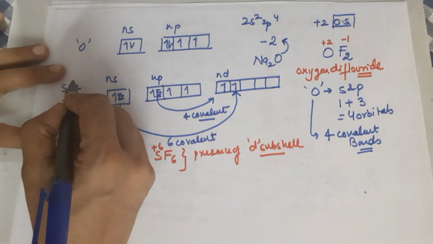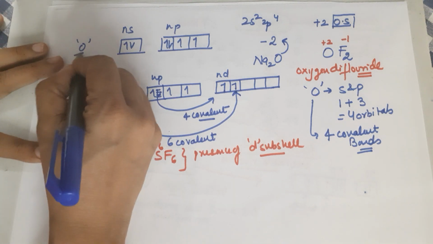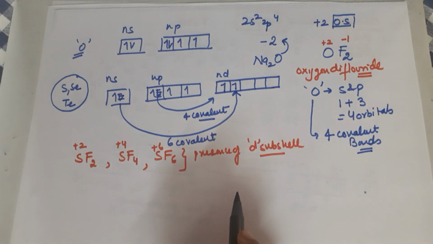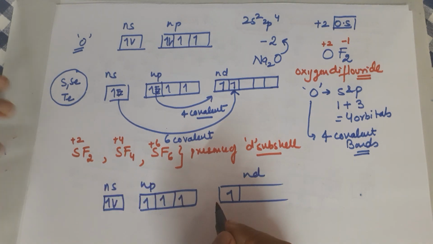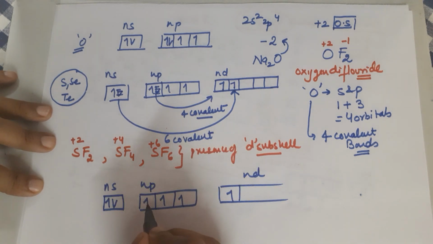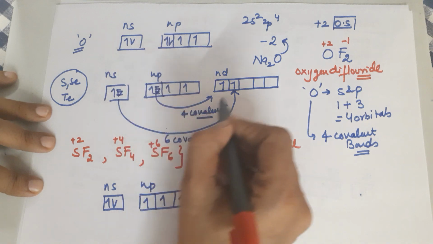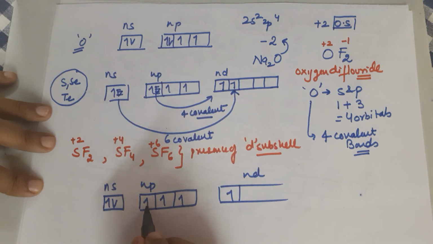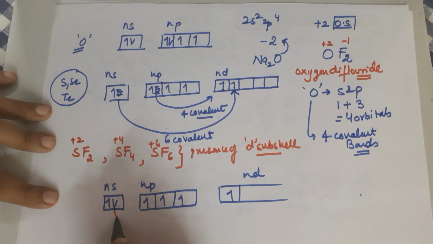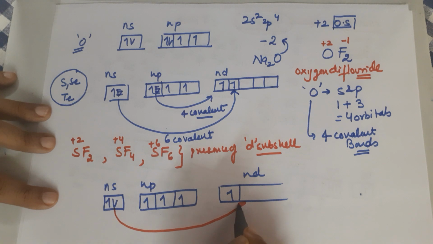This is applicable to all members other than oxygen. Fine. So after you have shifted one electron from the p subshell to the d subshell, you will have 4 bonds forming and a lone pair. But if you want 6 bonds to be formed, you want this electron to be unpaired and taken here.